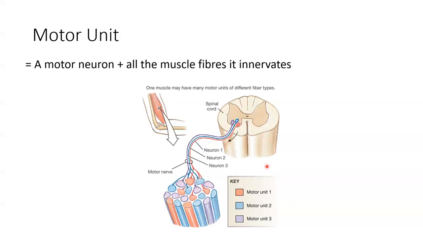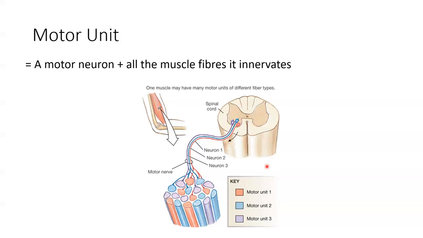Muscles that control precise movements, so really skilled, delicate movements, will consist of small motor units, where one motor neuron will only innervate a few muscle fibres. So think about the muscles in your voice box, in your eye, in your fingers, where you need really precise control of those movements. Muscles which are responsible for large scale or really powerful movements, but where coordination is less important, will consist of fewer but larger motor units.